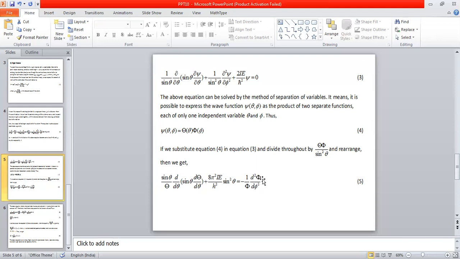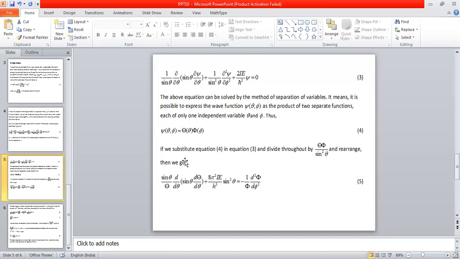This is the equation we get after substituting equation 4 in equation 3 and doing this division by Theta Phi divided by sin square theta. That equation is what I have written as equation 5.